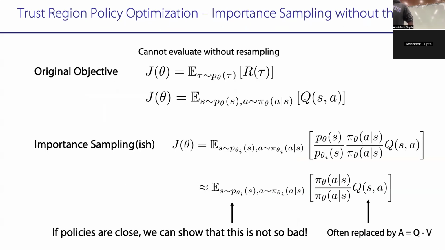First we sample, then we do a gradient step, you re-approximate the weights, and then you do another gradient step.